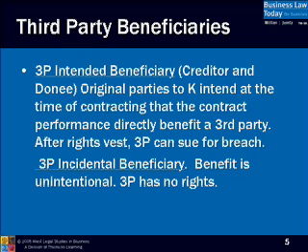Now, the section on intended beneficiaries breaks it down into two kinds of intended beneficiaries. The life insurance example in your chapter is which kind, creditor or donee? Donee. Does that make any sense? I'm the donor.